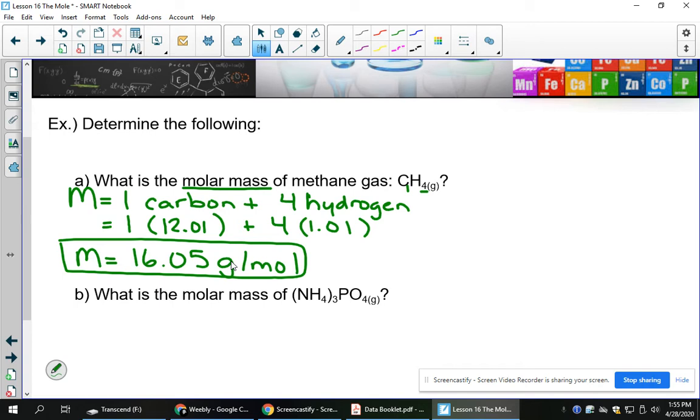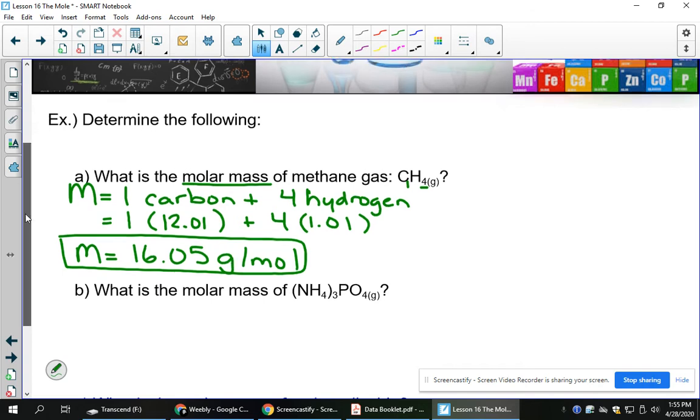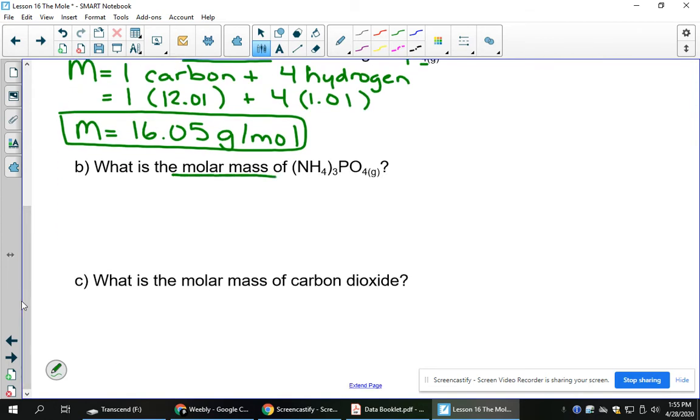Let's try a more complex question. What is the molar mass? I look in my data booklet and see that that's big M of (NH4)3PO4. So if I think about naming ionic compounds, that's going to be ammonium phosphate.